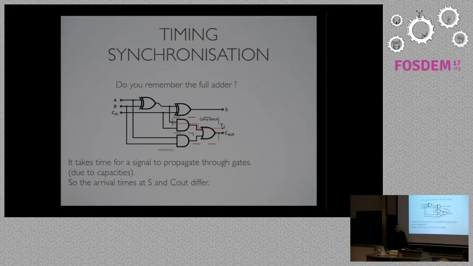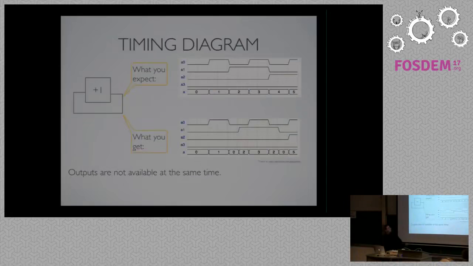It's not lightning fast. It takes time to compute the output, and as a consequence, the outputs are not ready at the same time. So you may expect a perfect output, like in this diagram, but in fact, for example, the output of A0 comes just before the output of A1.